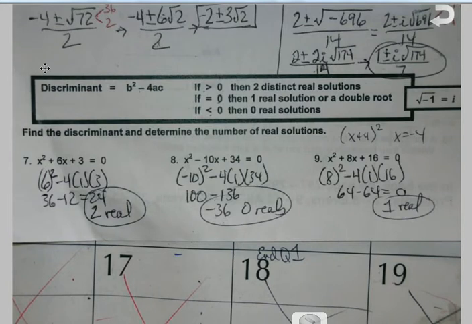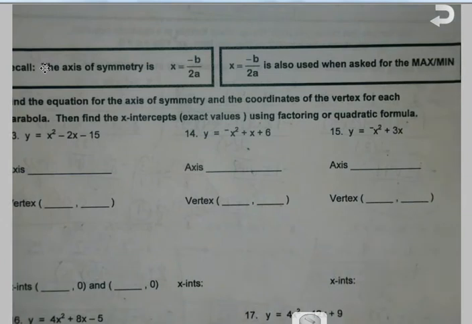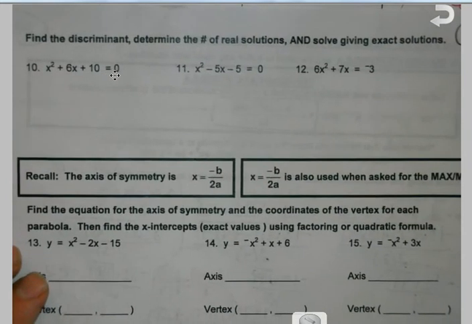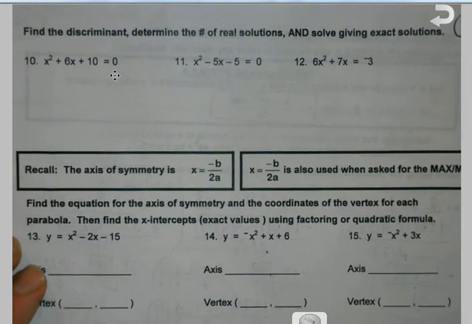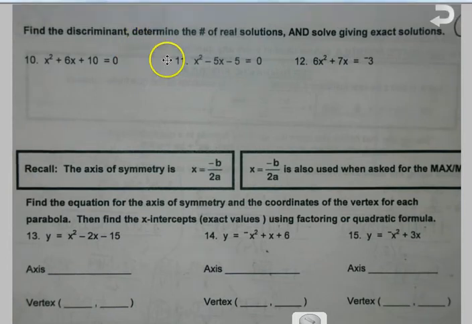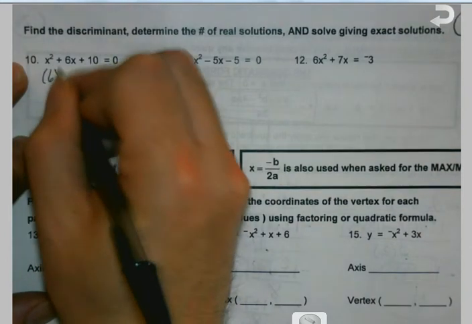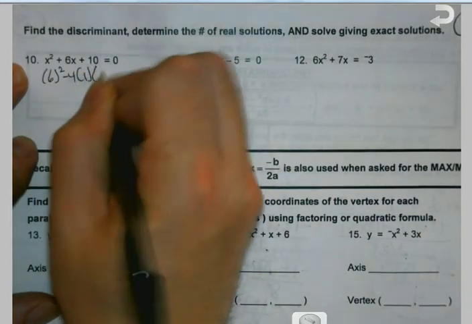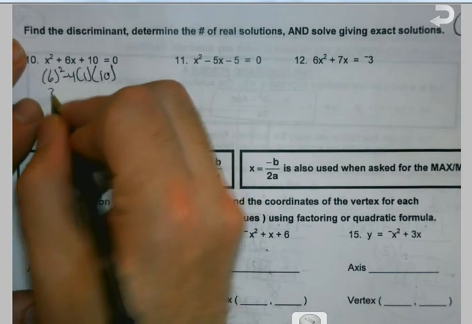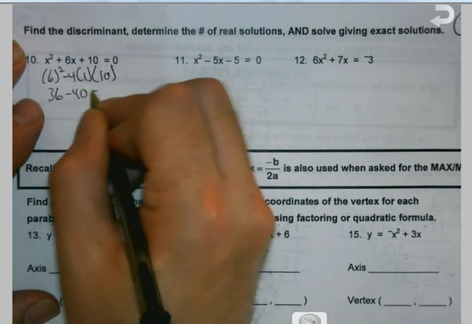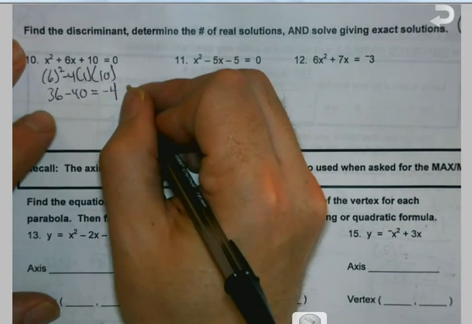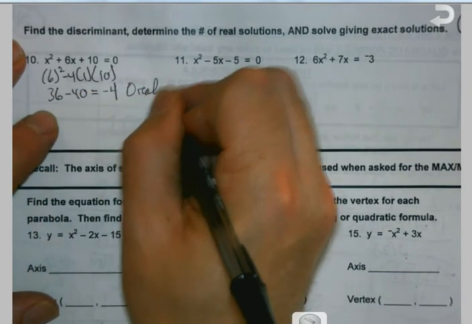How many answers can I get? So find the discriminant, determine the number of solutions, and get the answer. Holy cow. That's a lot of stuff to keep track of. All right. Find the discriminant. b squared minus 4ac. 36 minus 40 is negative 4. 0 reals.